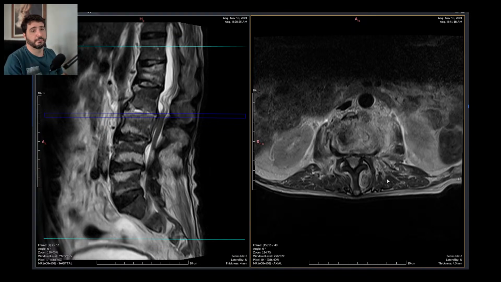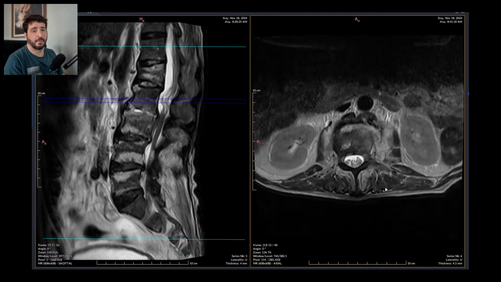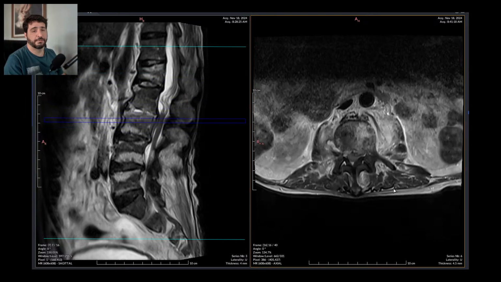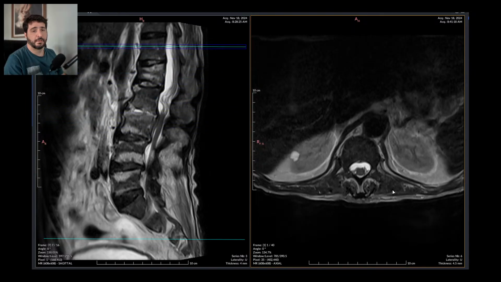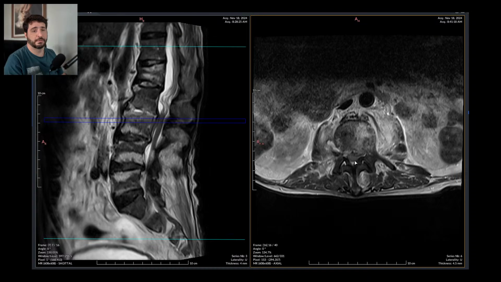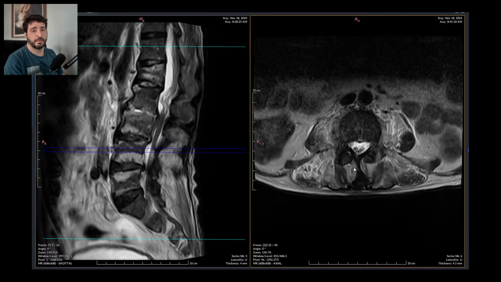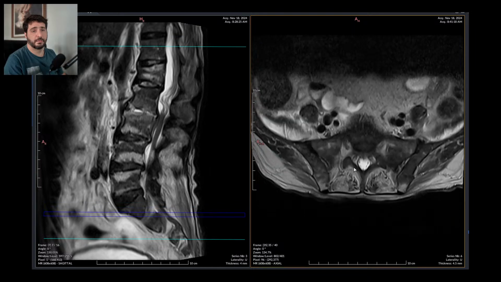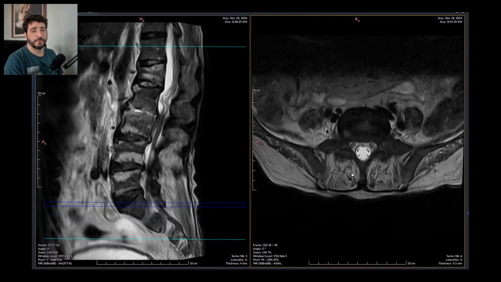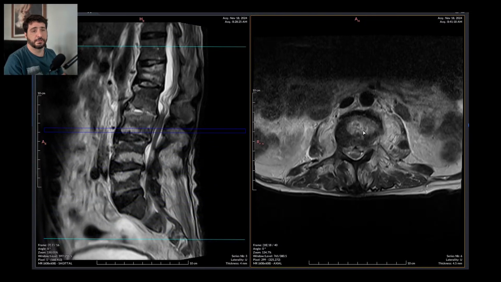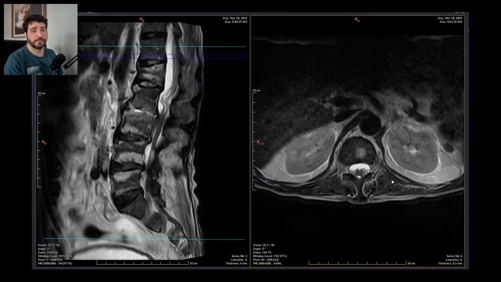And there is a diffuse anomalous distribution of the neural roots, probably due to the infection.